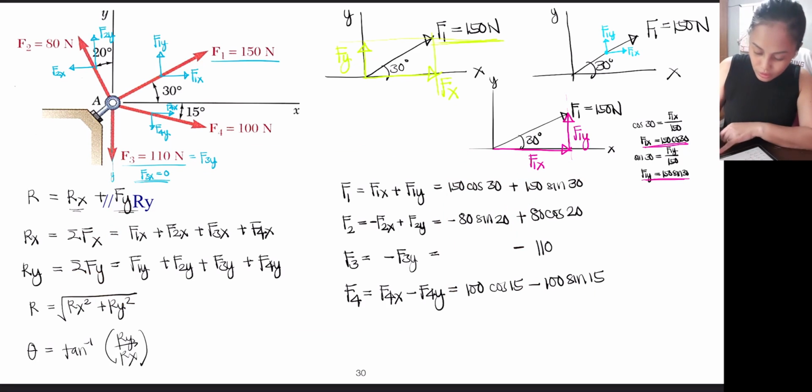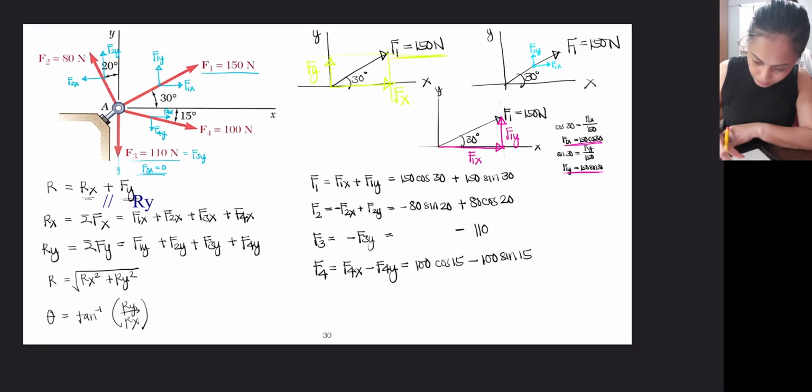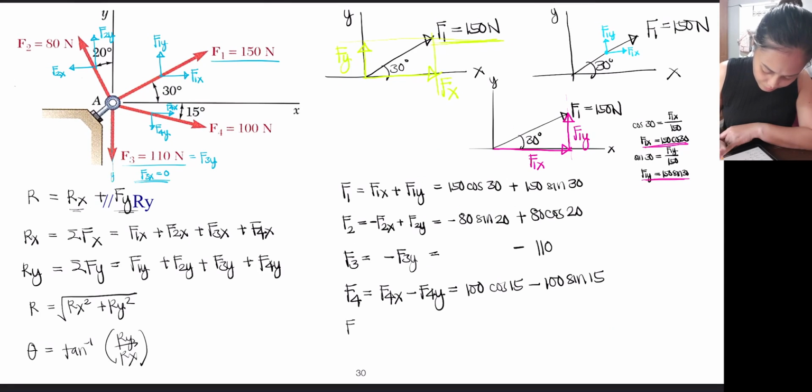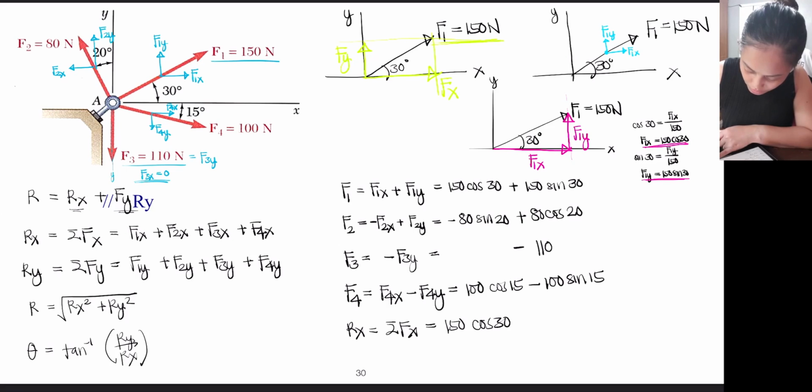Okay, so Rx is equal to the summation of forces along x equals, so i-add na to tanan, 150 cosine of 30, minus 80 sine of 20 plus 100 cosine of 15.